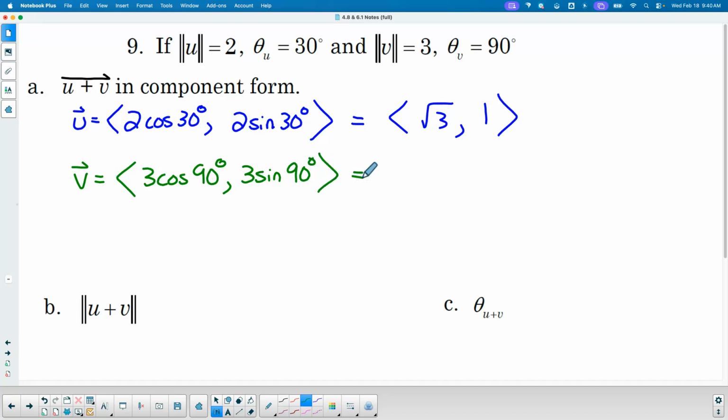Cosine of 90 degrees is 0, times 3, 0. Sine of 90 degrees is 1, times 3. What is the component form of vector u plus vector v?